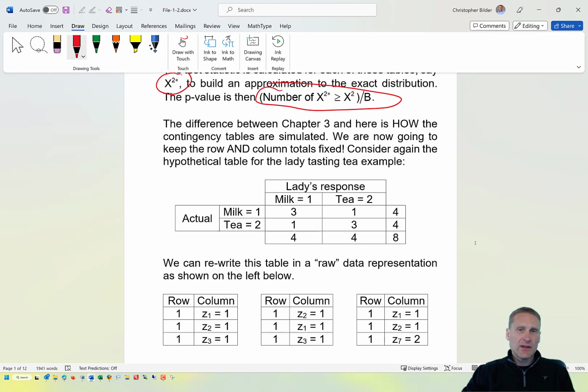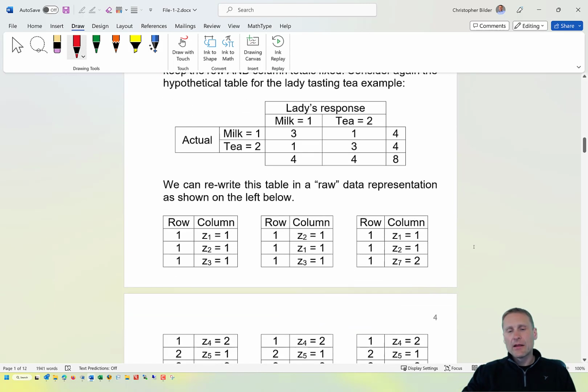So to help see how this is done, let's go back to the lady tasting tea example once again. So here's this hypothetical situation that we looked at involving the lady tasting tea. And I've added a 1 and a 2 here to help us say row 1, row 2, column 1, column 2, corresponding to the lady's responses and what actually happens.